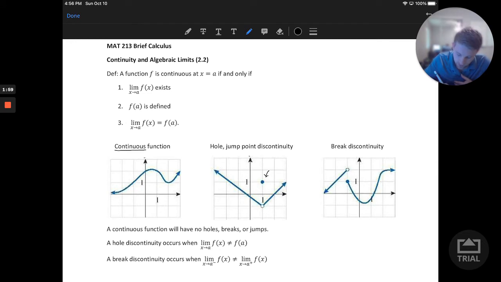We would say that the functional value here, at the point of 1, is equal to 1, but the limit value, if we said the limit as x approaches 1 of f of x, we would call that equal to, looks like, -1. So we would say that the limit value at x equals 1 and the functional value at 1 are two different values.